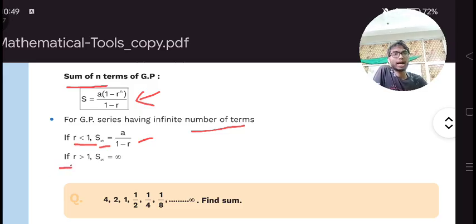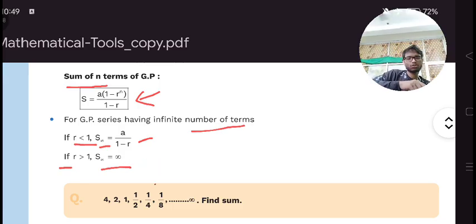If r is greater than 1, meaning the ratio is increasing, then we have this formula: S infinity is equal to infinity.